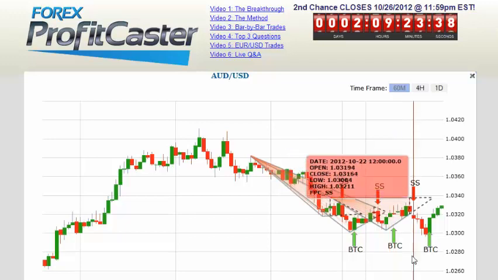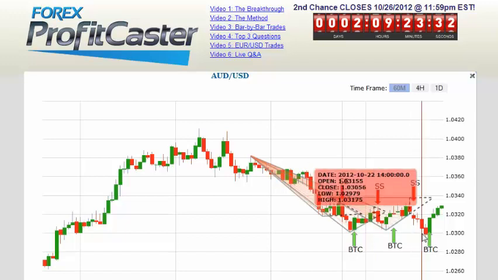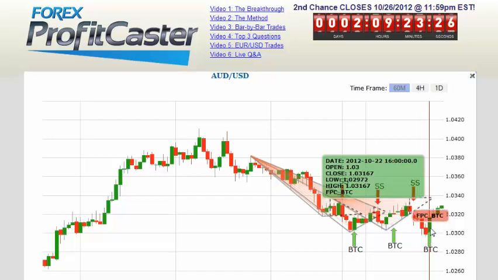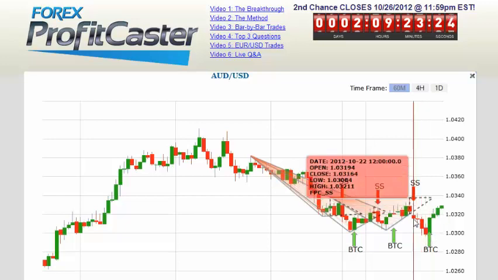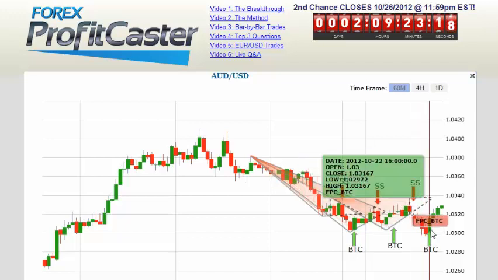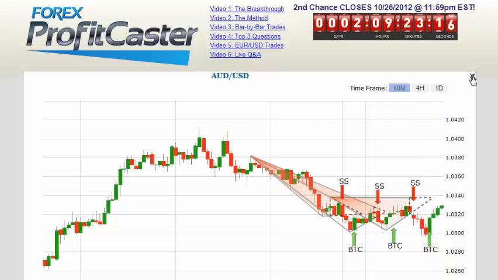Then we've got another sell short entered on 10/22 at 1200 hours Eastern. This one quickly dropped in a matter of a couple of hours, hit the first profit target, almost hit the second profit target, but then got stopped out with our tightening trailing stop. So this one made 12 pips on the first half position and about 6 pips on the second half.